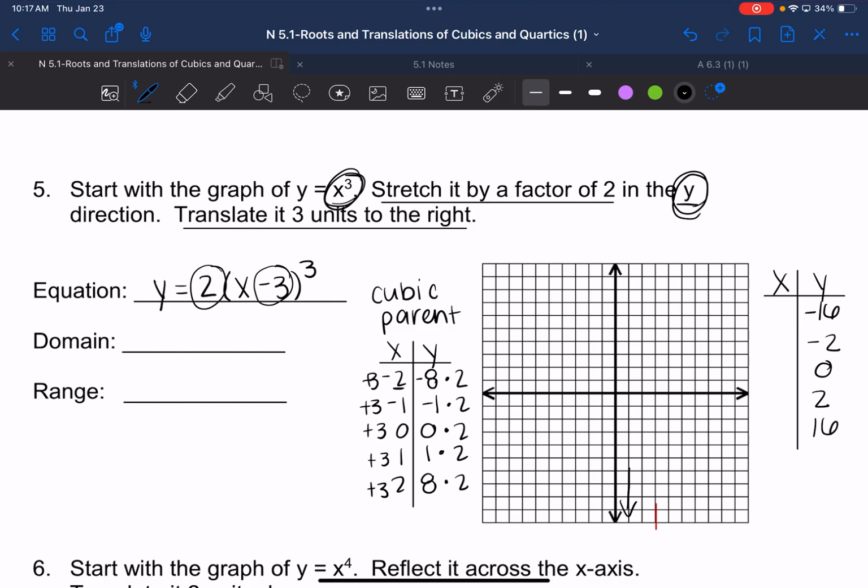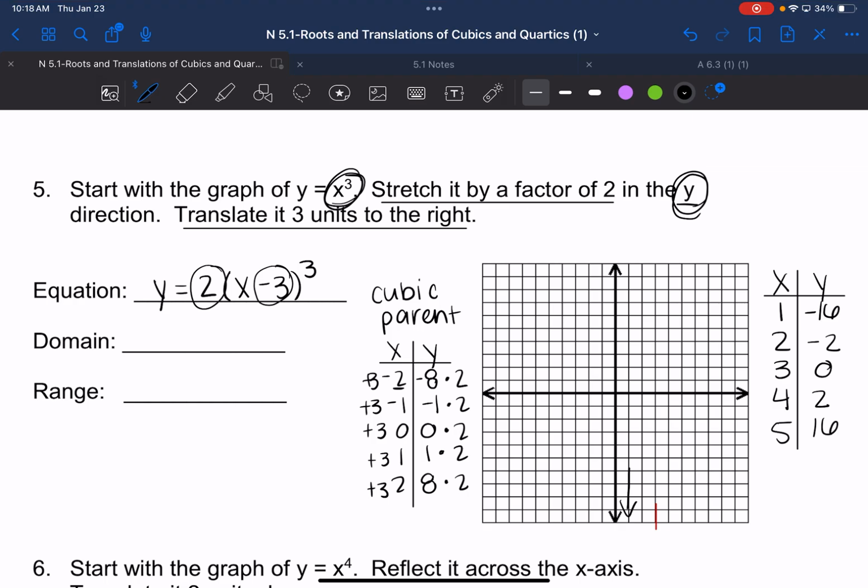Okay, so like you guys just said, -2 plus 3 would be 1. What's -1 plus 3? 2. And what's 0 plus 3? 3. And 1 plus 3? And 2 plus 3? 5. Nice.